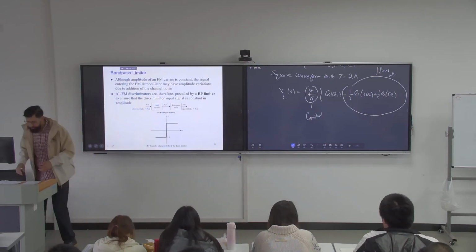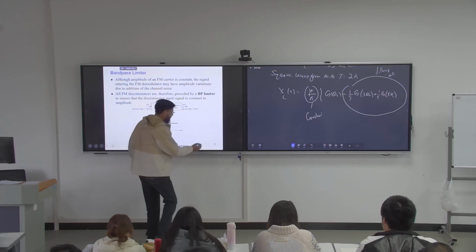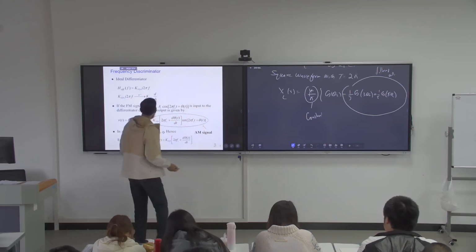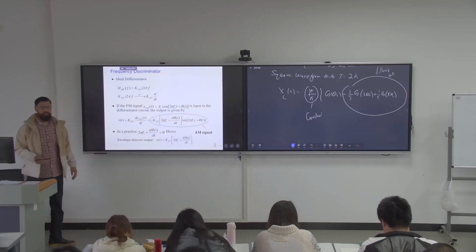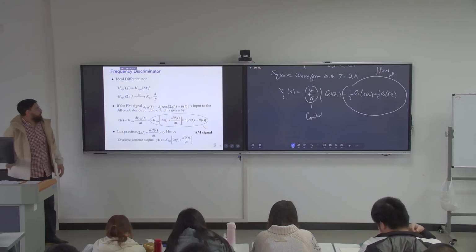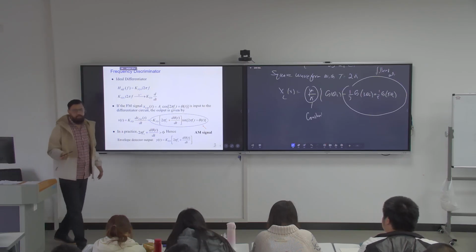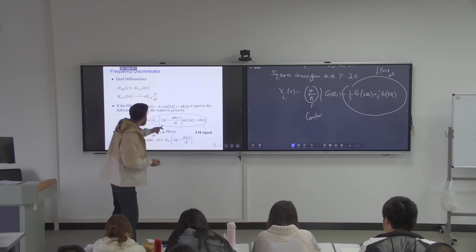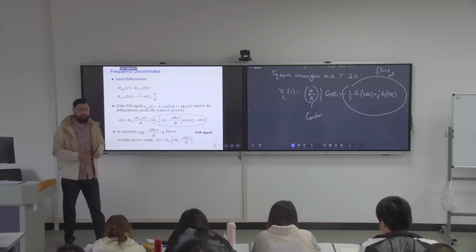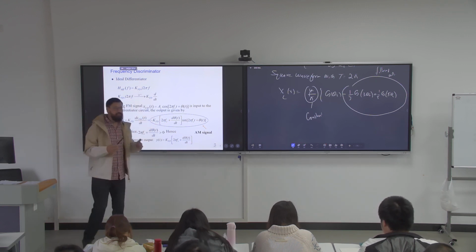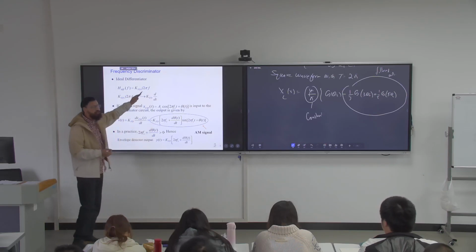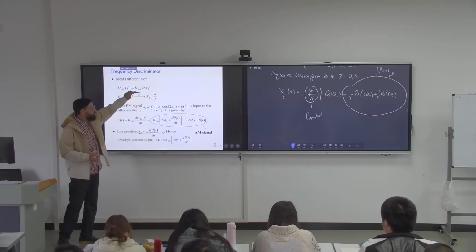So here is the frequency discriminator. What is a frequency discriminator? Sorry, differentiator. You know the differentiator, right? This is the transfer function of the differentiator in the frequency domain.